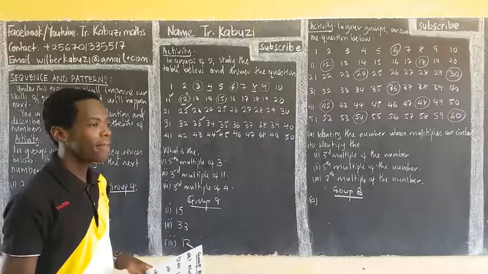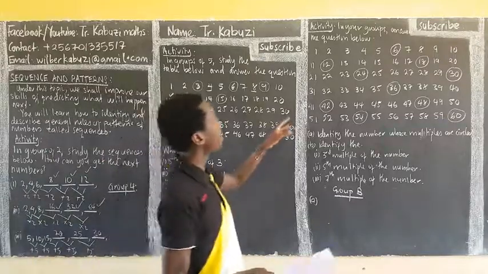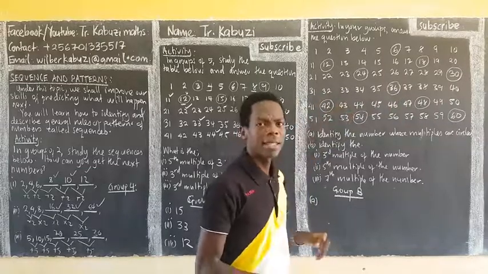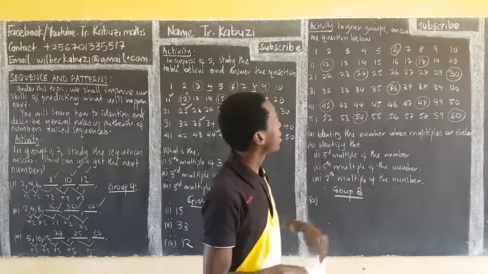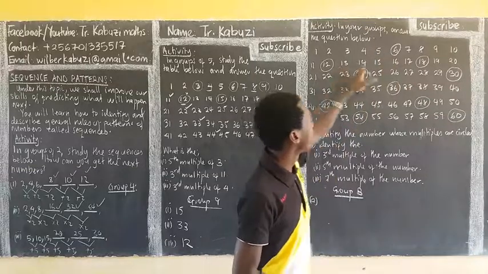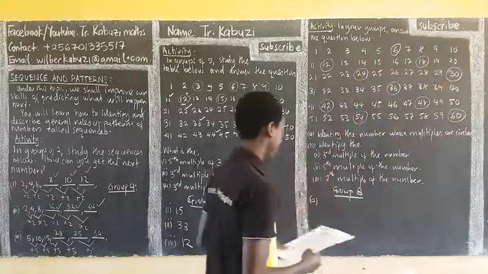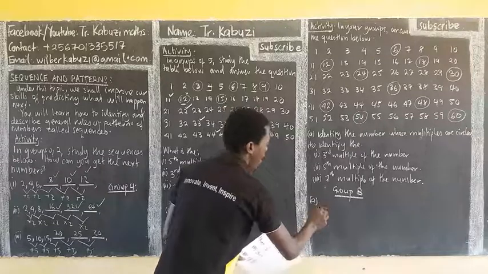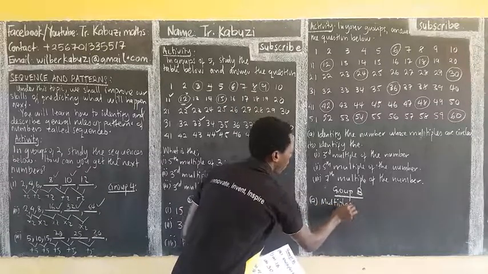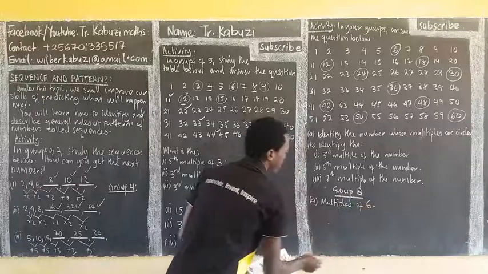Because all are divisible by 6. So someone is saying these are multiples of 6 because all of them are divisible by 6. Is it right? Let us see. Is this divisible by 6? Even this. Even this. Okay, so they are right. Multiples of 6.